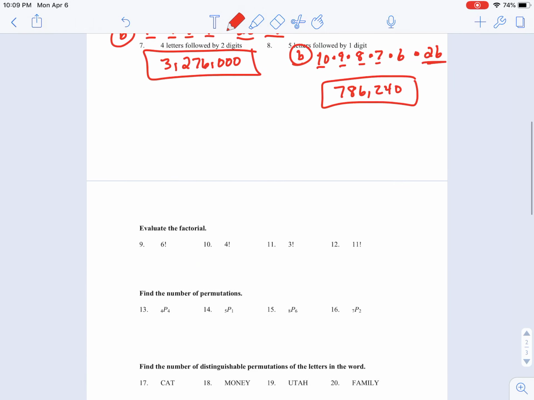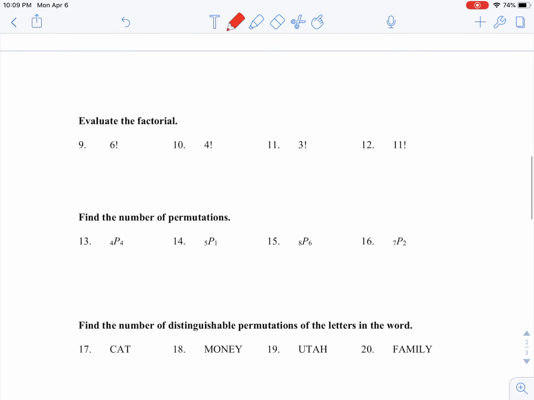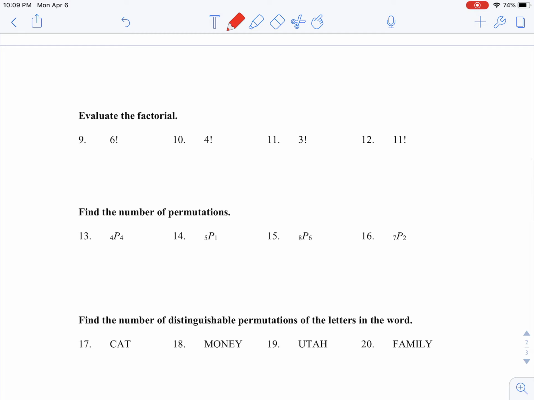Now, these are some mathematical terms to learn. You take your phone calculator and turn it sideways. If you have a good calculator at home, that's awesome. If you turn your phone calculator sideways, this is called 6 factorial.